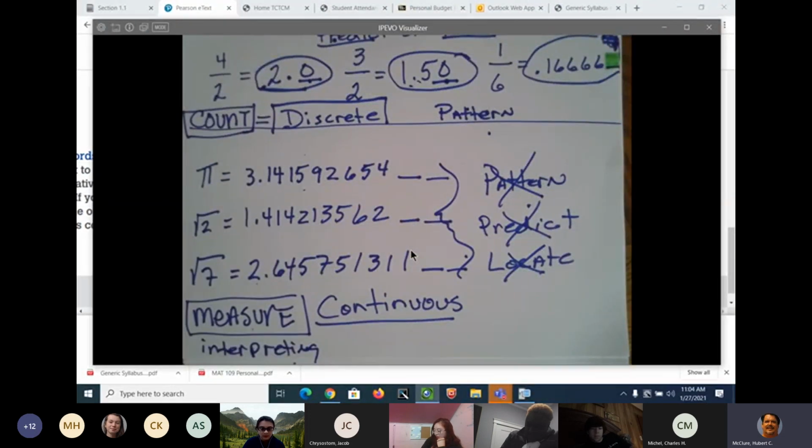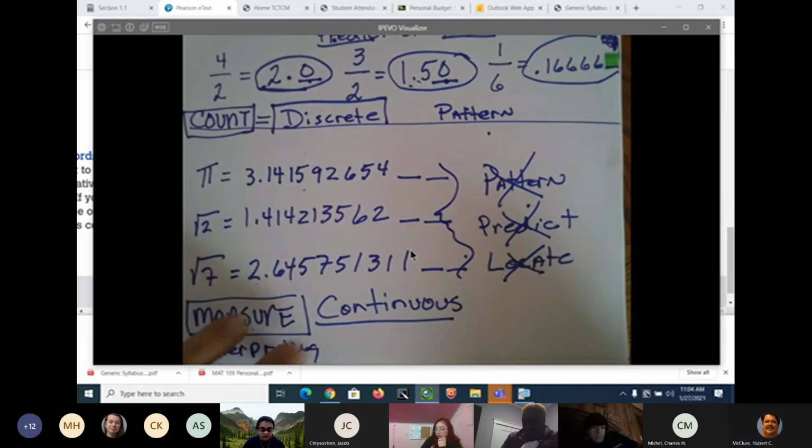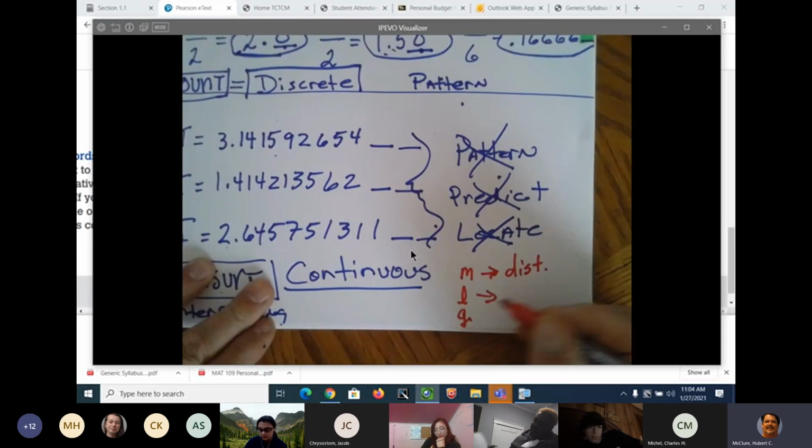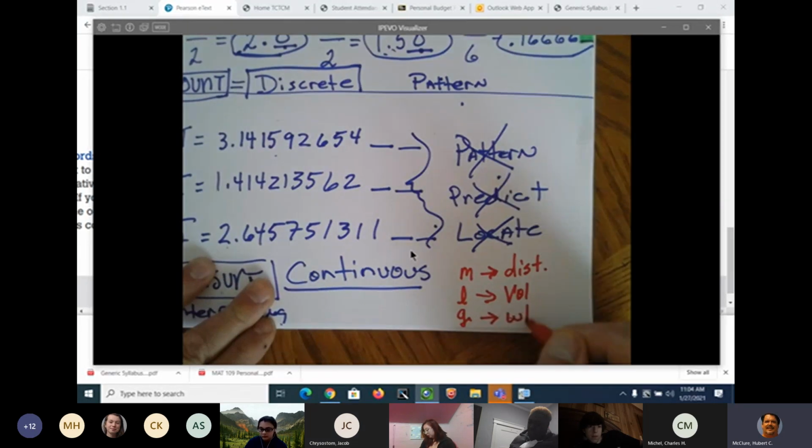What is measured? Somebody tell me what's measured. And I'll end with this. What's measured? Meters, liters, grams. What is meters? Distance. What is liters? Volume. What is grams? Weight.